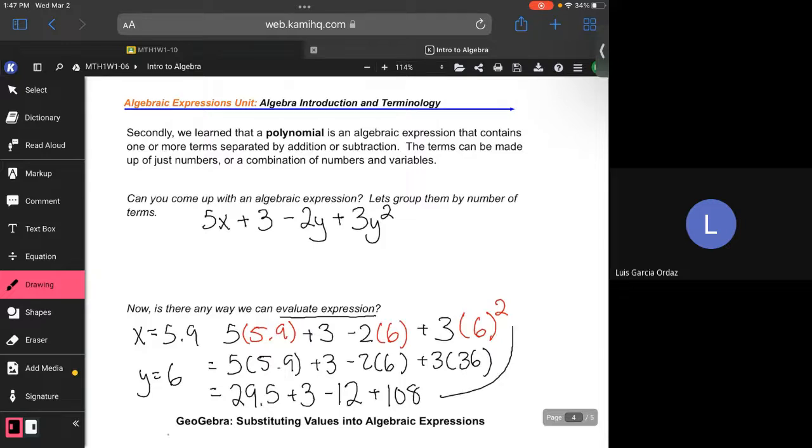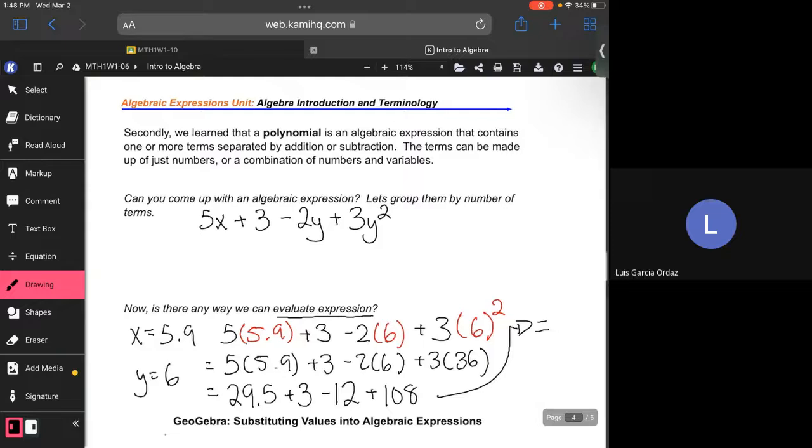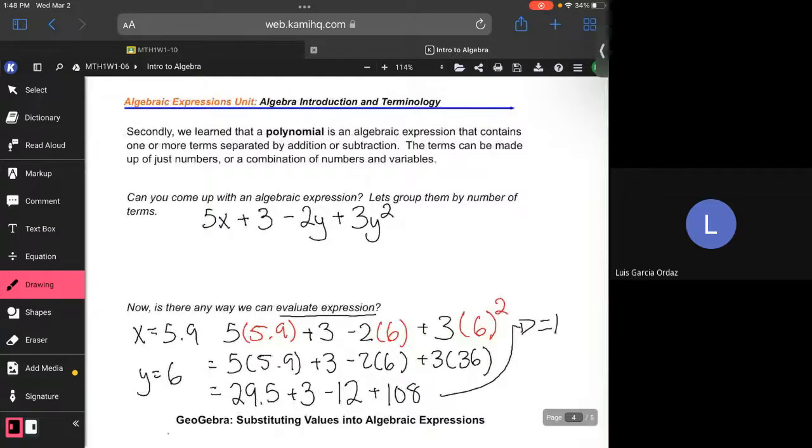So now when we add those 3 numbers together, what do we get as our solution? Use your calculators. Some of you are just using your head for no reason right now. Maya? 125.5. Yeah. So when we evaluate this expression, I get a value of 125.5.